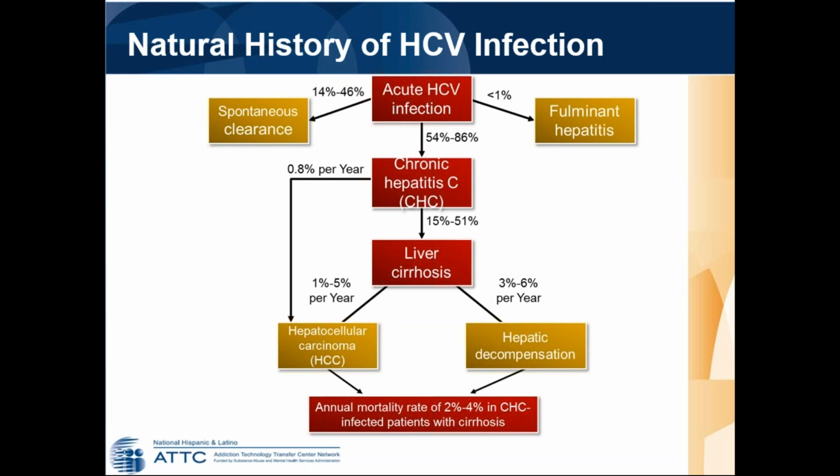In 80 out of 100 people, those patients will develop chronic hepatitis C. And that happens when the person has had the infection for more than 6 months and they were not able to clear the infection by themselves. And those are the patients that need treatment with hepatitis C medications because they will not clear the infection by themselves. And the earlier they get treated, the better, because the less likely they will develop complications related to hepatitis C, such as liver cirrhosis, liver cancer, liver failure or hepatic decompensation, and death.